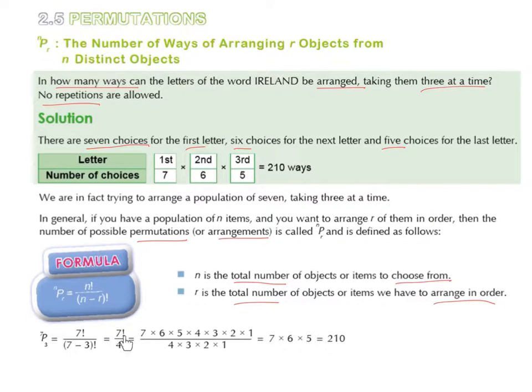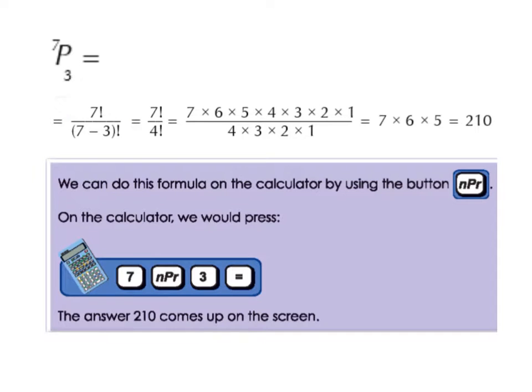But you could stick this straight into the calculator if you wanted. So 7P3, we can stick this straight into the calculator by pressing the nPr button. So you'd press 7, then the nPr button, then 3 and equals, and 210 would come straight up on the screen. Or you could stick this straight into the calculator using the fraction button.